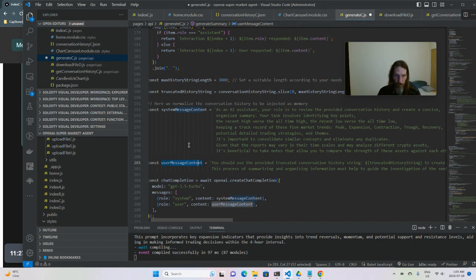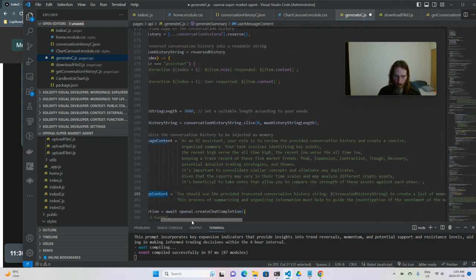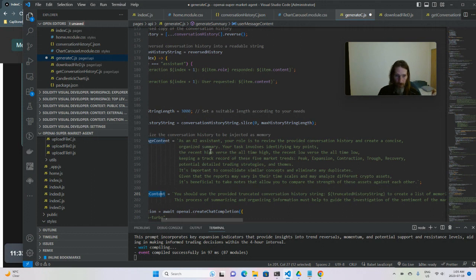So system, what's the system message? As an AI assistant, your role is to review the provided conversation history and create a concise, organized summary. Your task involves identifying key points, the recent high versus all-time high, the recent low versus all-time low, keeping a track record of these 5 market trends: peak, expansion, contraction, throw, recovery, potential trading strategies, and themes.